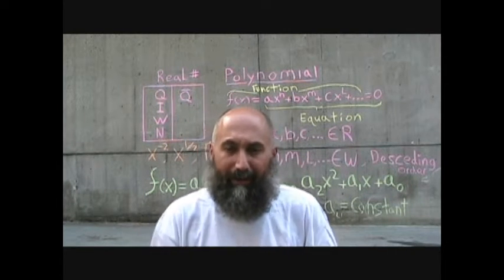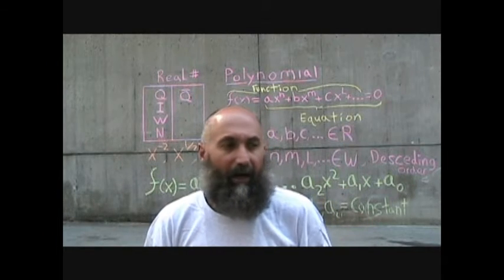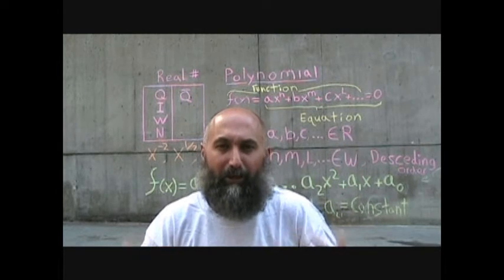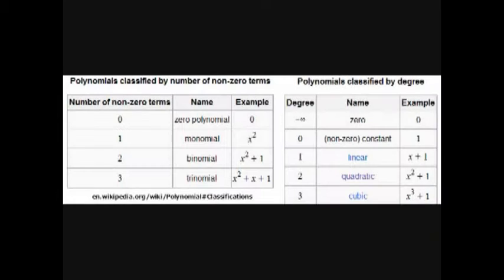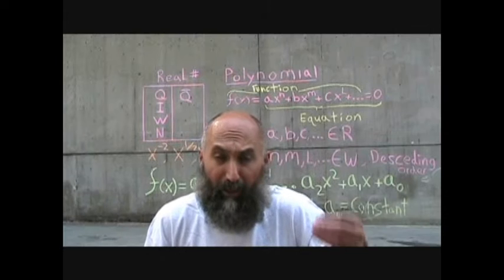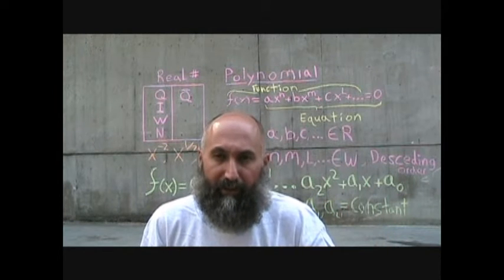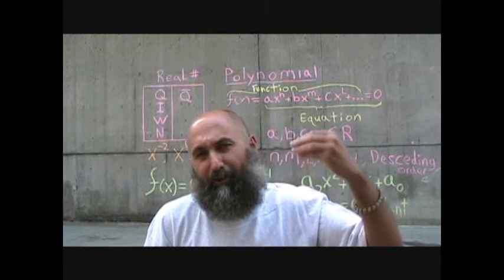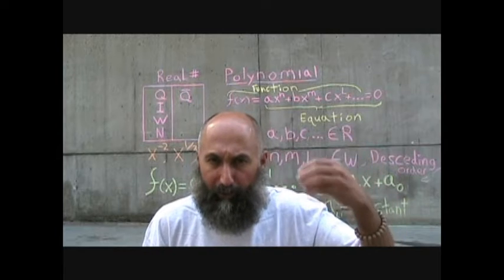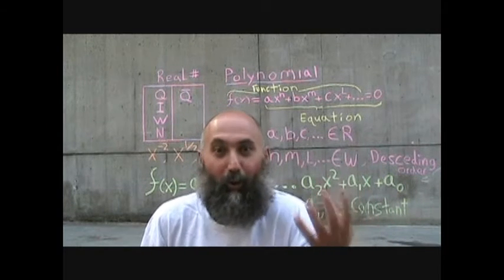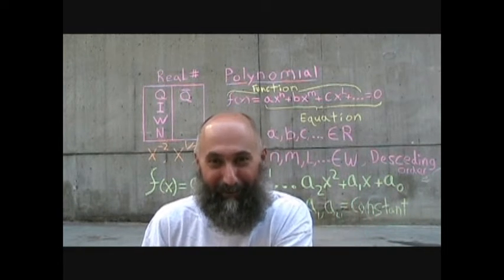So there are two main categories of naming special types of polynomial function. One of them refers to the number of terms in the function. The other one refers to the degree of a function. The category which refers to the number of terms goes such as monomial, binomial, trinomial, I guess quadnomial, something that has four terms in it, right?